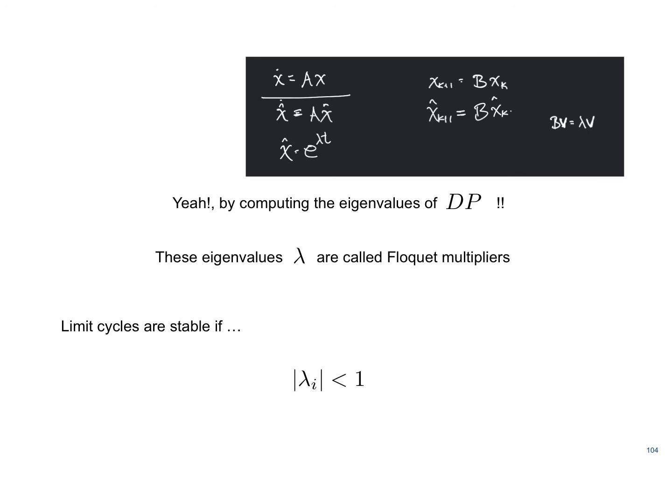So if these lambdas are smaller than 1, you are safe that dilatation is never going to happen. The input is going to be shrunk all the time. Okay, so in this case, these Floquet multipliers, which are just the eigenvalues of this linearized Poincaré map, have to be smaller than 1 in absolute value.